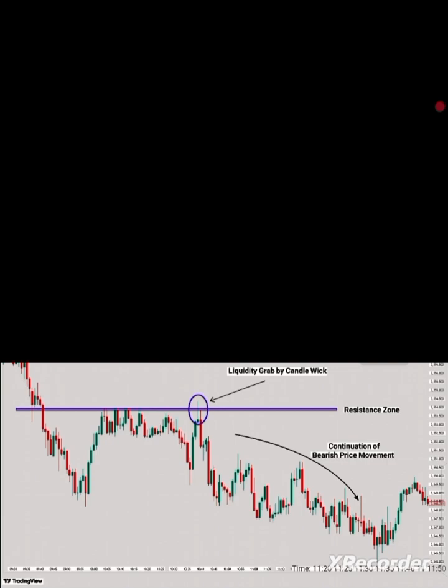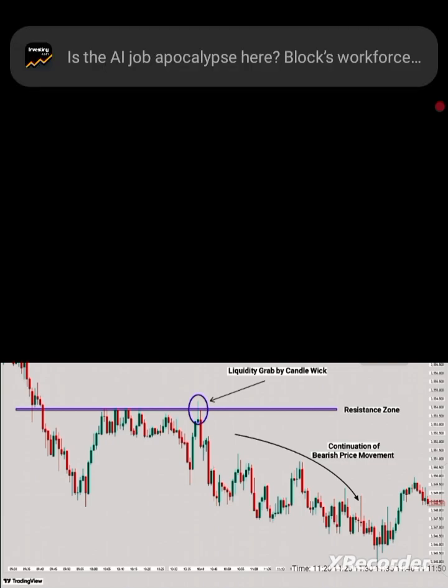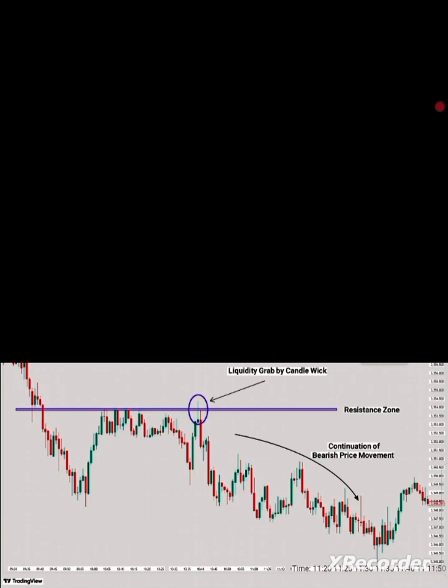Now, what happened? If the rejection candle that we saw on a 4-hour, then we come to the 15-minute time frame to see that this rejection candle that happened on the 4-hour time frame, remember that when you come to the 15-minute time frame, it will give you multiple candles.